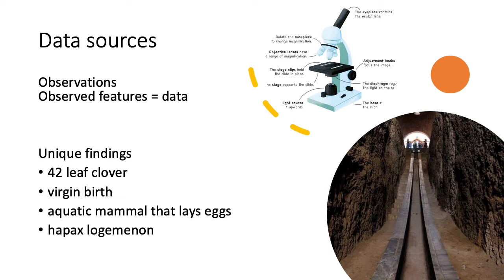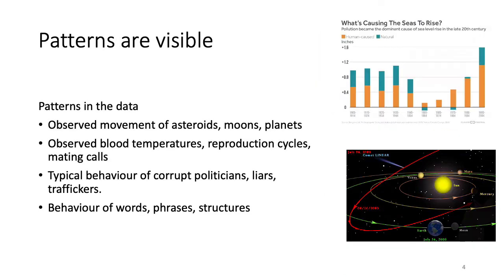So all of these scientists have their tools, and what we look for is, well, while unique things are interesting, what we're really looking for is things which are repeated in the data, because things which are repeated in the data become patterns.